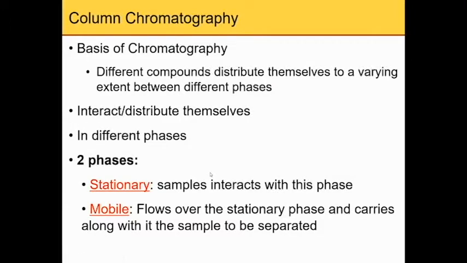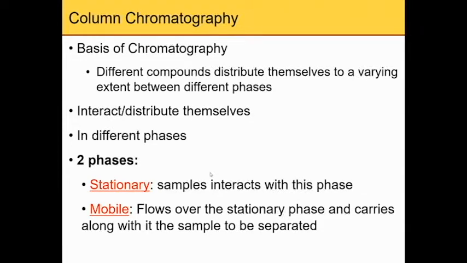Okay, and then one of the commonly used techniques to isolate the pure protein is column chromatography. All right, column chromatography, there are two different phases. We have the stationary phase and the mobile phase. The stationary phase, okay, is what the sample interacts with.